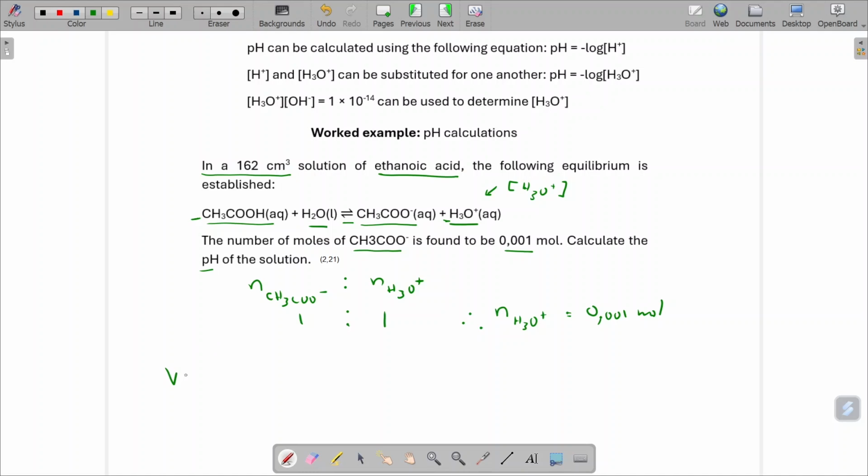So the volume that we've got is going to be 162 divided by 1,000, which is 0.162 cubic decimeters. And therefore, the hydronium concentration, which I'll write with the square brackets like this, will be equal to the number of moles per unit volume, and therefore it will be 0.001 mole divided by 0.162 cubic decimeters.